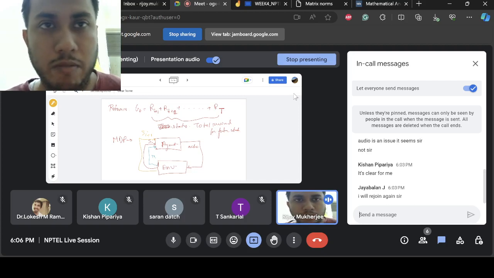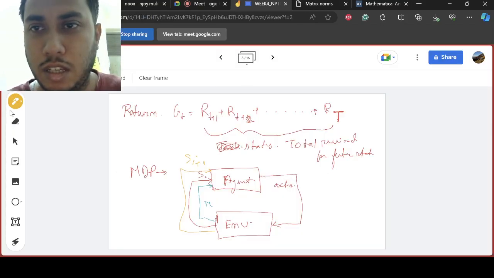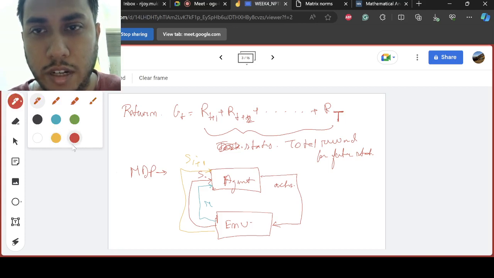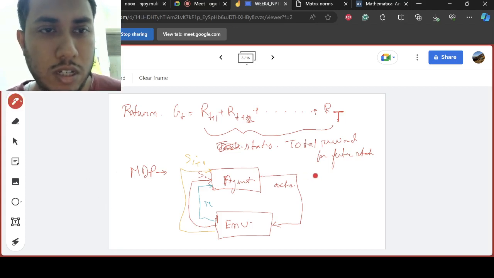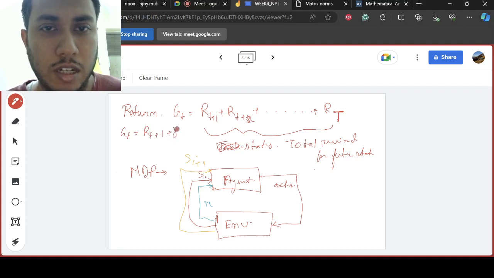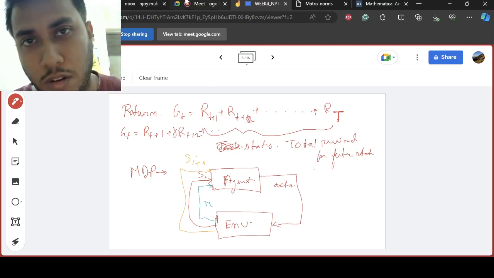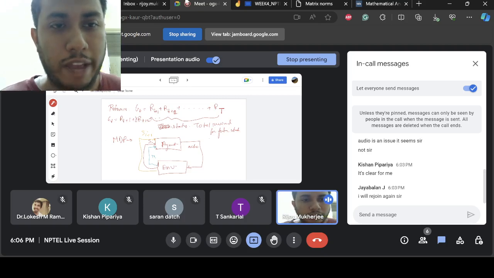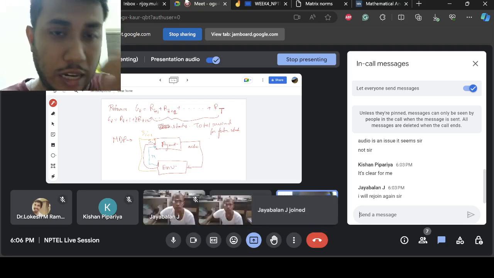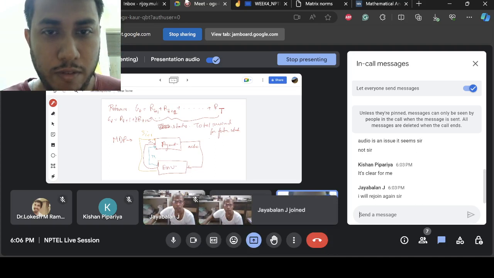For an MDP, what are the basic operators you have? There is return and there was discounted return. So GT equals RT plus 1 plus gamma RT plus 2 plus dot dot dot. The discount factor determines how much confidence you have in your current return and how much in your future return. The discount factor gives you a preference between future return and current return.